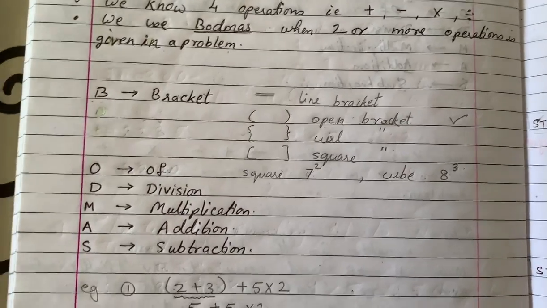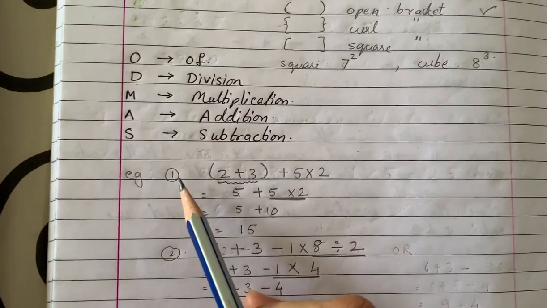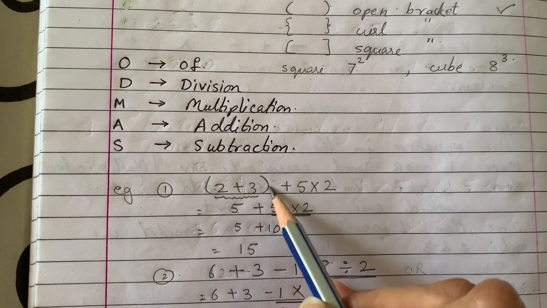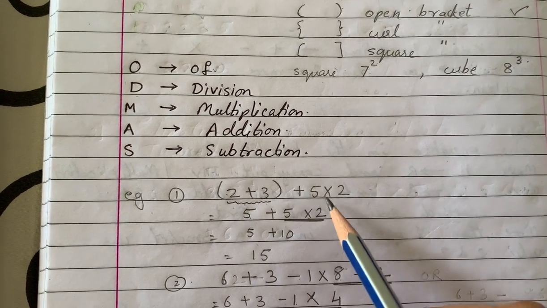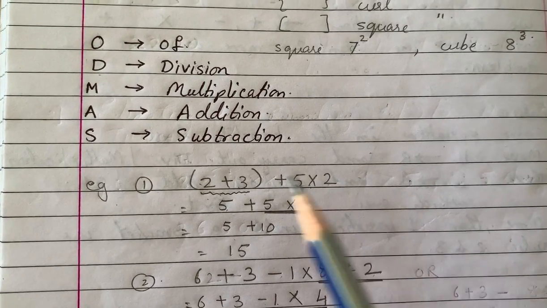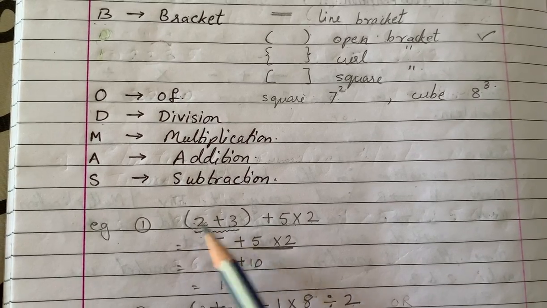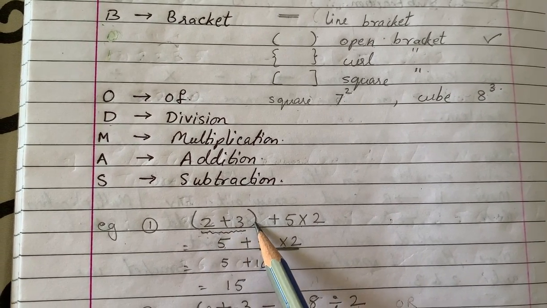For example, if I see first problem, I am taking 2 plus 3 in a bracket plus 5 into 2. Now as per the rule of Bodmas, bracket we have to solve first.